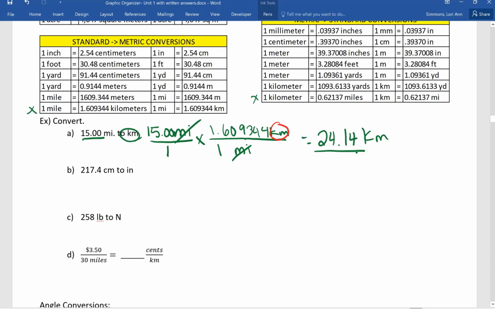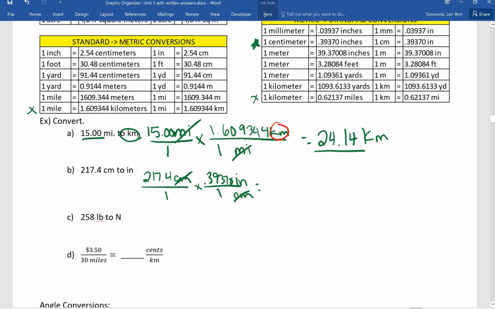Moving on to the next example, we have 217.4 centimeters all over 1. We want to get rid of centimeters, so we put that on the bottom. And we are hoping to get inches. So let's see if we have a centimeters to inch conversion. Up here on the top right, we do. 1 centimeter is equal to 0.39370 inches.